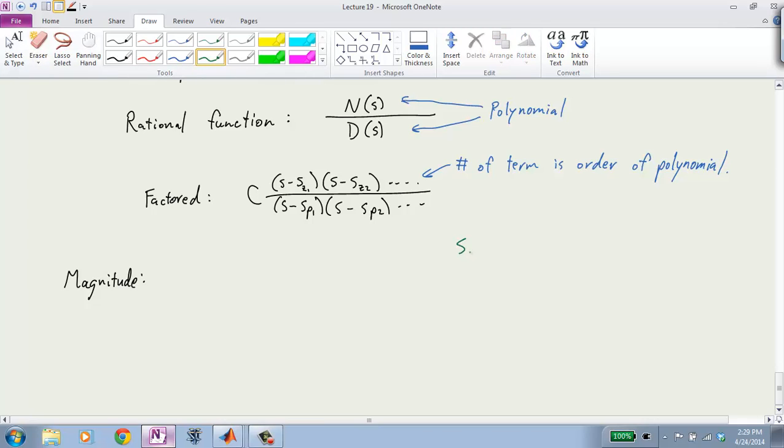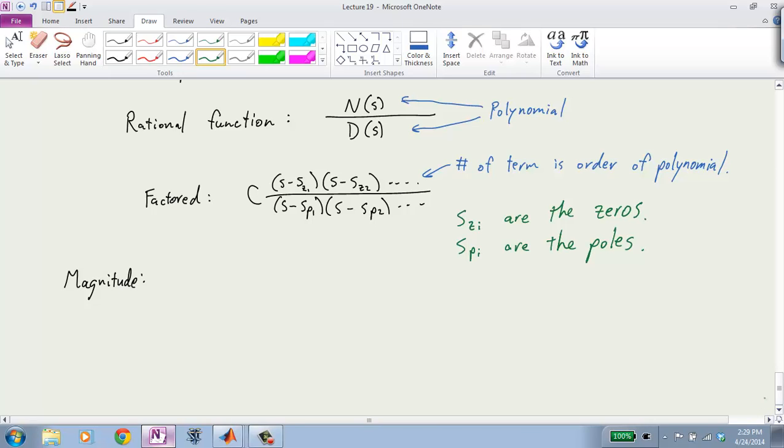The SPs are the poles, and the SZs are the zeros. That's why I've used Z and P. So basically, a rational function has zeros and poles and a constant, and that defines the whole function.